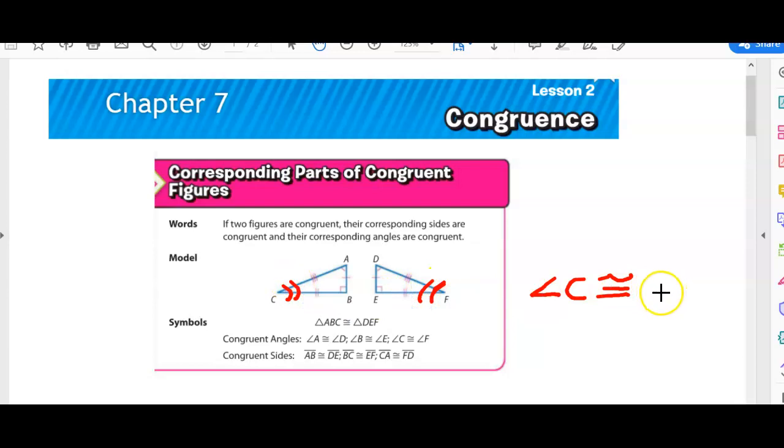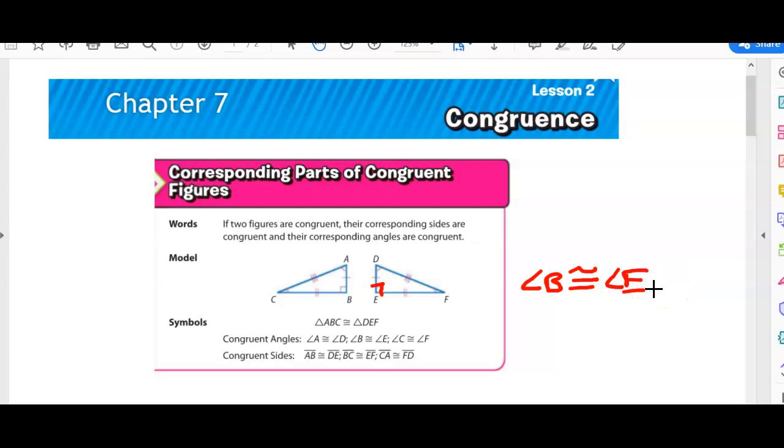So angle C would be congruent to angle F. Obviously, this is a right angle, 90 degrees, and this over here is a right angle, which is 90 degrees. So we would say angle B is congruent to angle E.